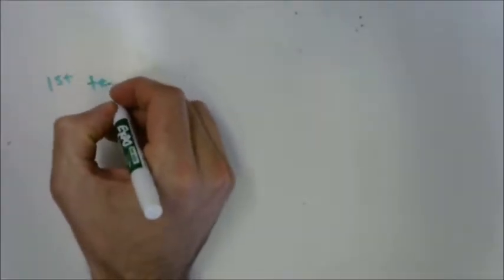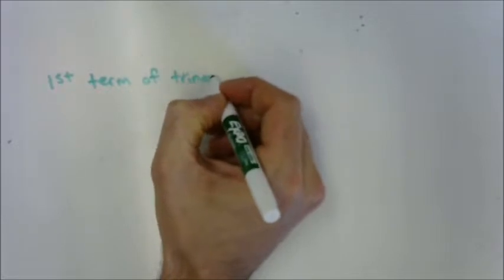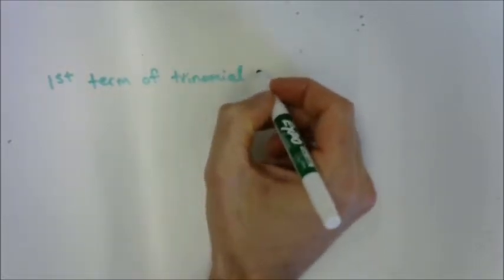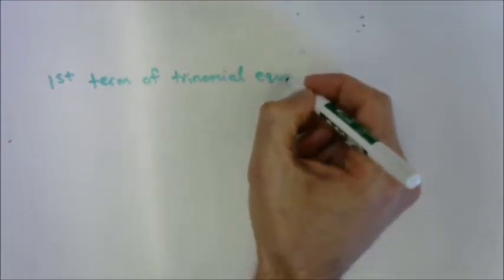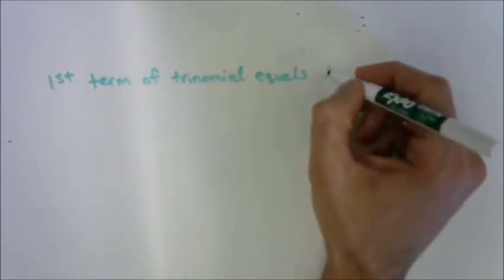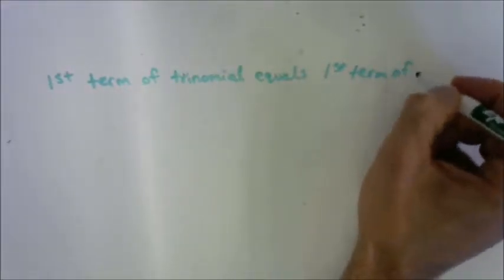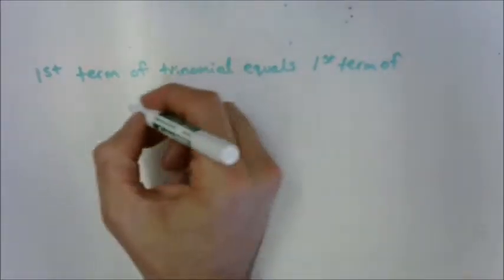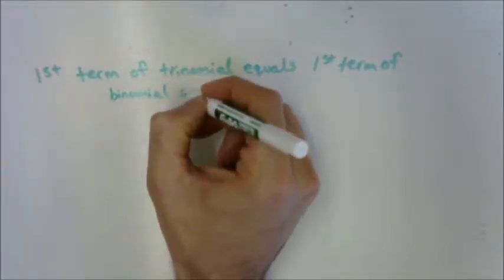Let's do it this way. The first term of trinomial equals first term of binomial squared.